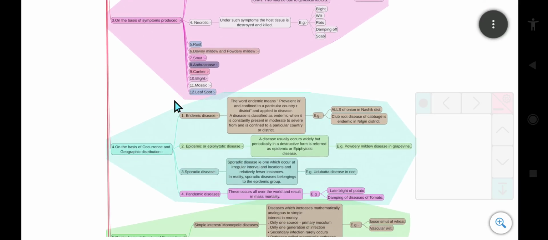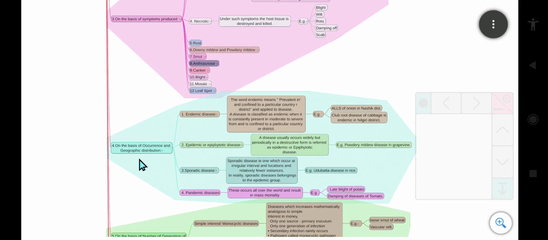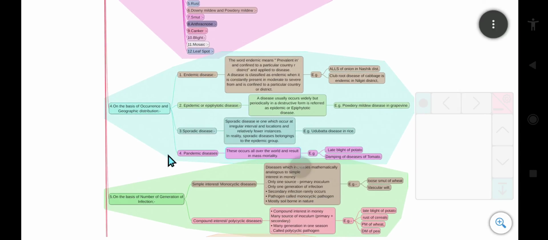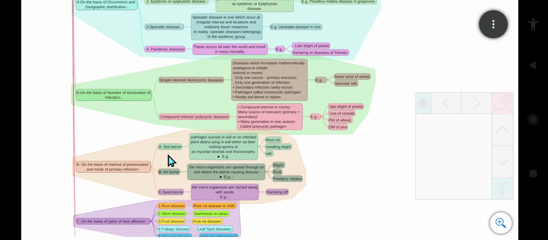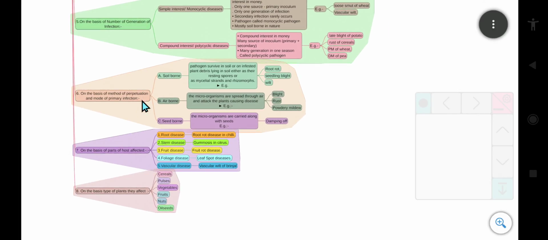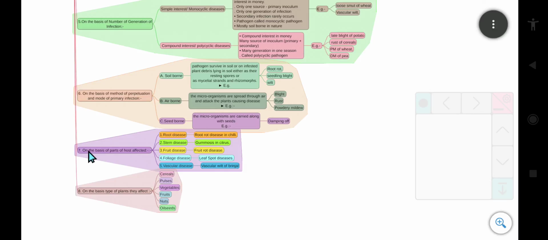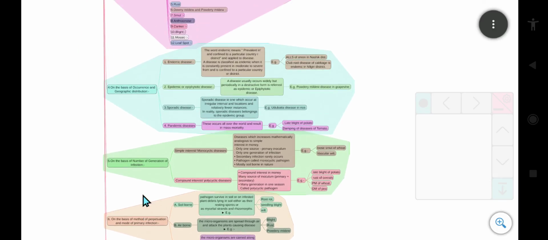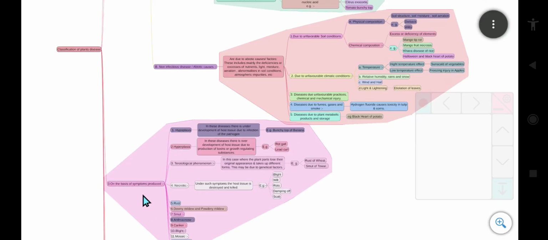Fourth one is on the basis of occurrence and geographic distribution, and fifth one is on the basis of number of generations of infection. Sixth one is on the basis of method of perpetuation and mode of primary infection, and seventh one is on the basis of parts of host affected, and the eighth one is on the basis of type of plants they affect. So we completed the classification of plant diseases.